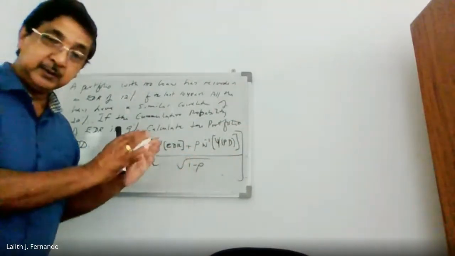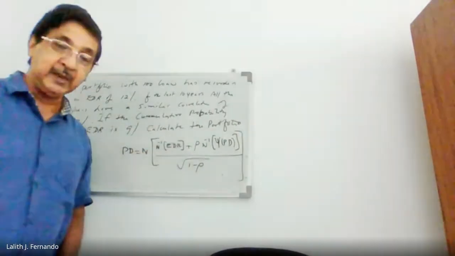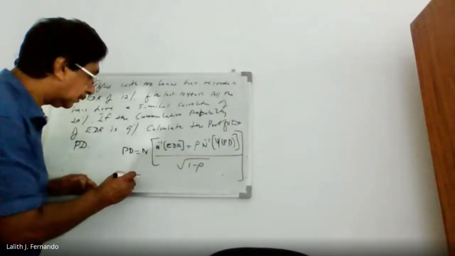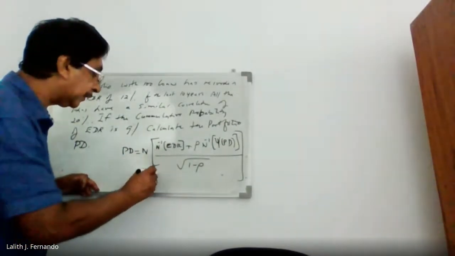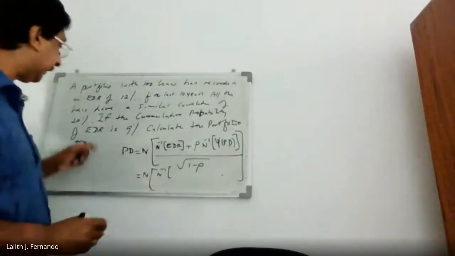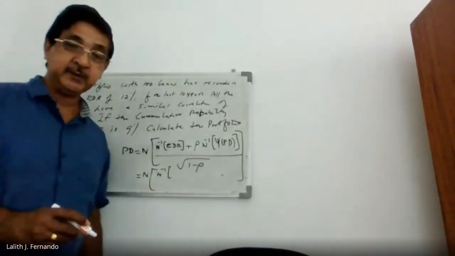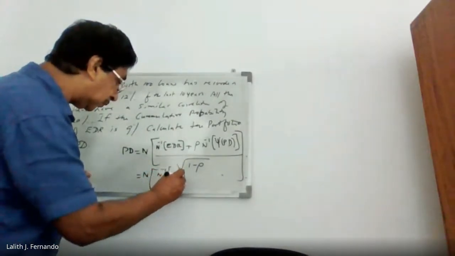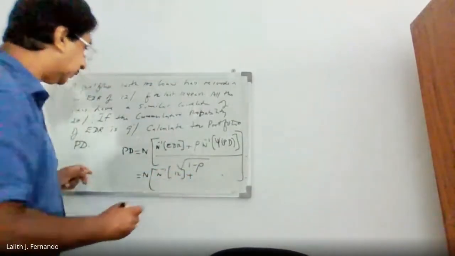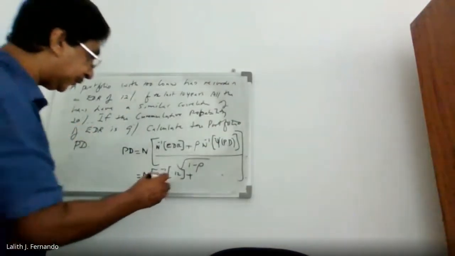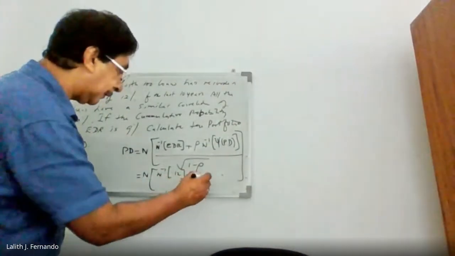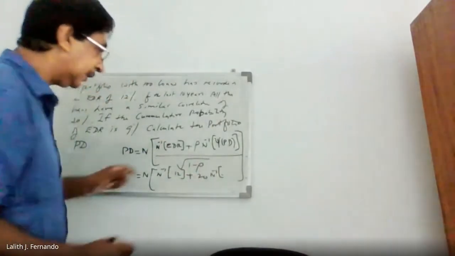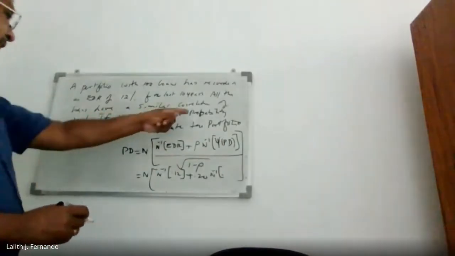Now we will substitute the values there. N minus 1. What is EDR here? 12%. So you can put it as 0.12, plus rho is 20%, so 0.20, N minus 1 of theta PD, the cumulative probability of EDR.